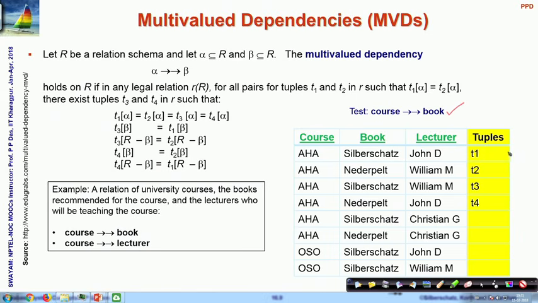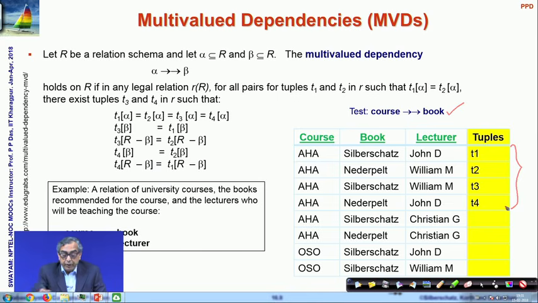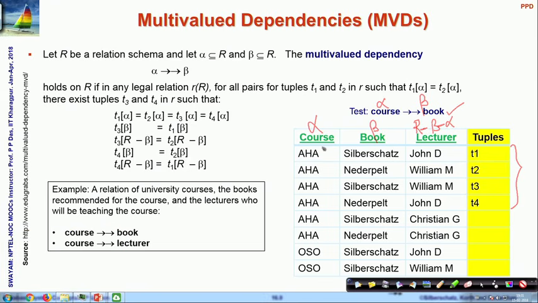So, these are the four tuples I have marked T1, T2, T3, T4. If you look into the first condition, this is your alpha, this is beta, and this is so to say R minus beta minus alpha. Okay. So, the first condition is that all these tuples will have to match on alpha, yes they do, all four of them have AHA here.